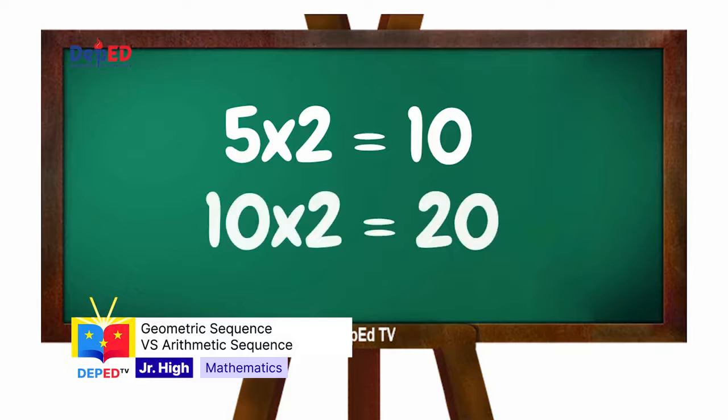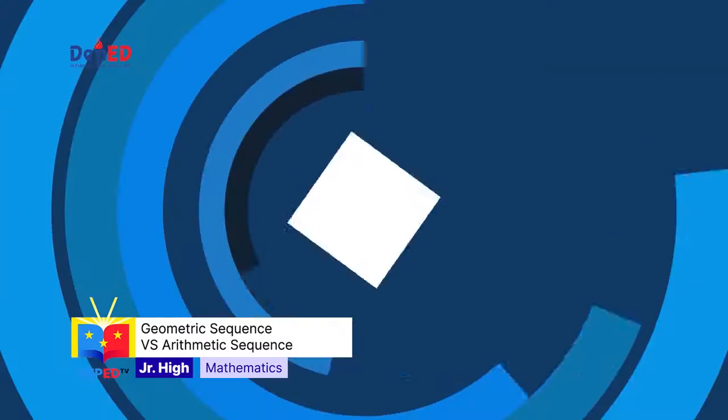By multiplying the constant number 2 to the second term 10, you will get the third term 20, and so on.